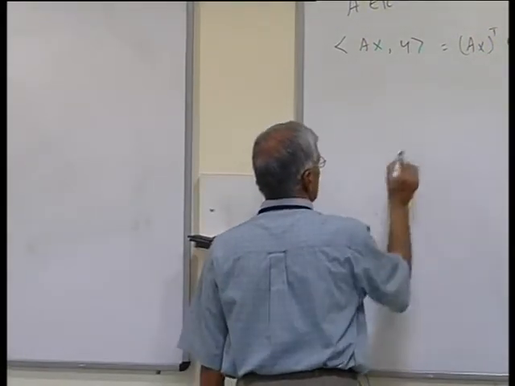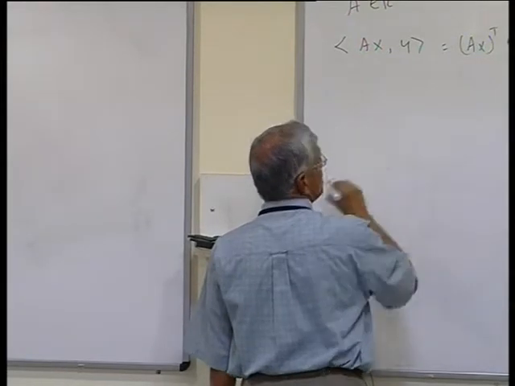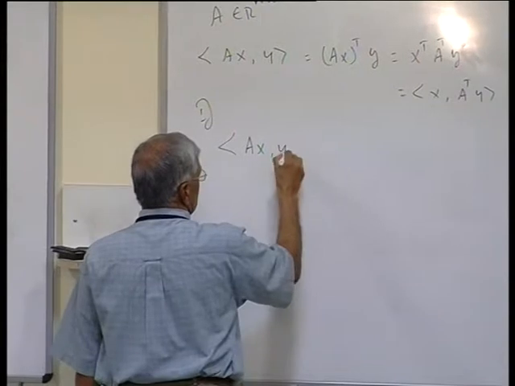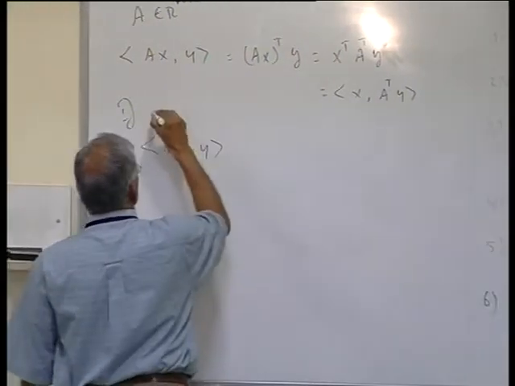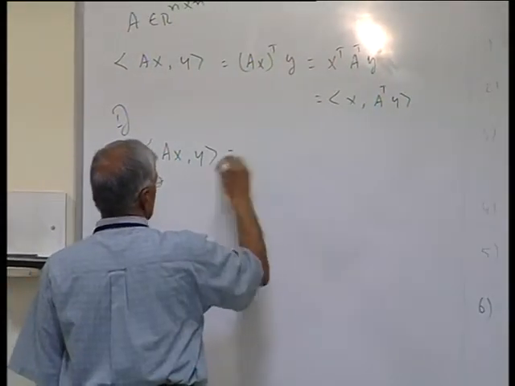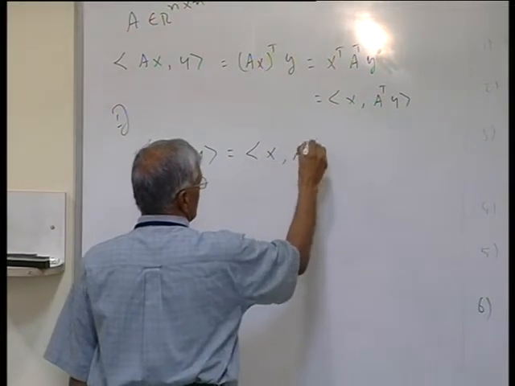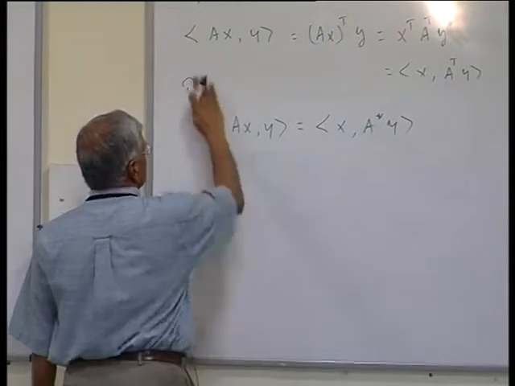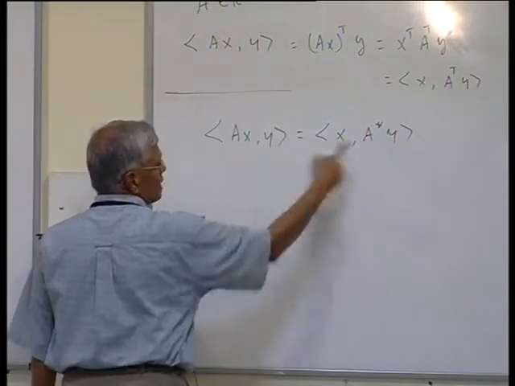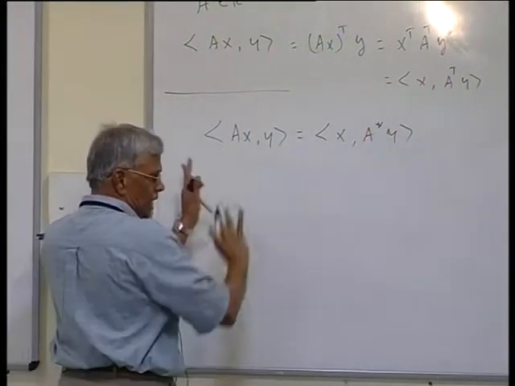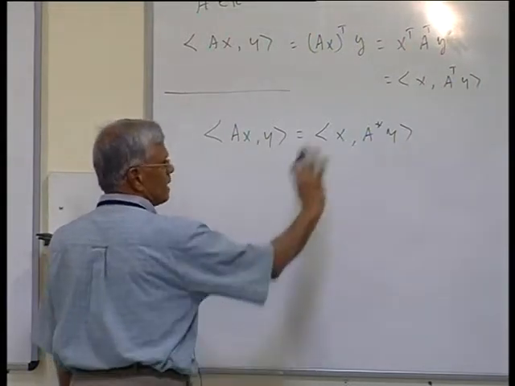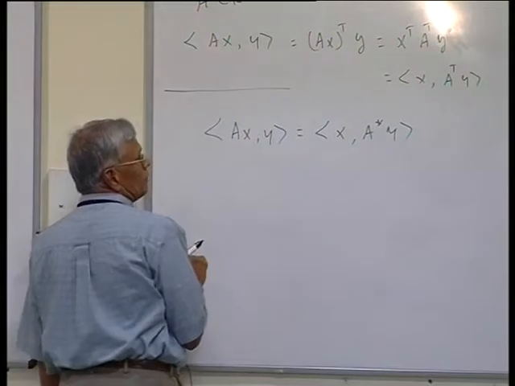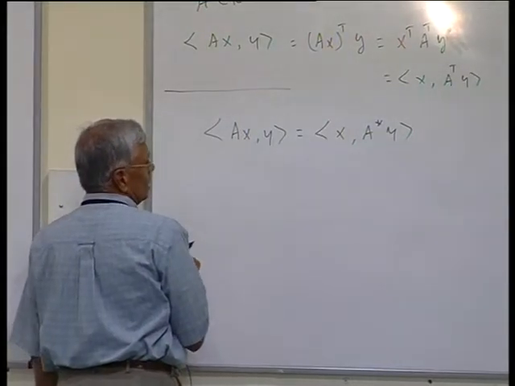So in general, how do you define an adjoint? If (Ax, y) is equal to (x, A* y), there exists an operator A star such that this holds. So given A, there exists an operator A star. Appropriate domains and codomains have to be defined. I'm not going to go much into the details, but I would like to look at it from the finite dimensional perspective.